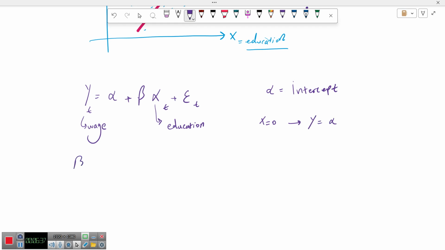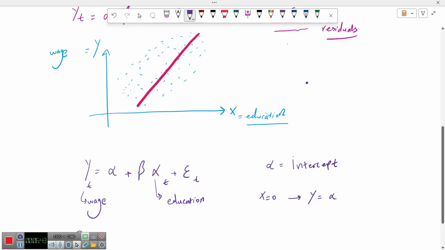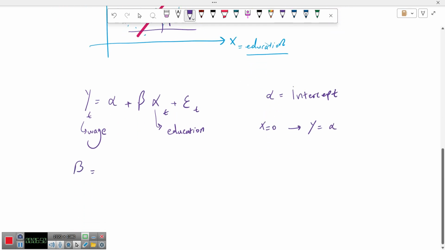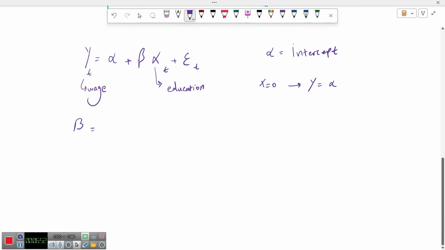Beta is the slope of the line, which tells us how much y, or wage, changes with a 1 unit increase in x.